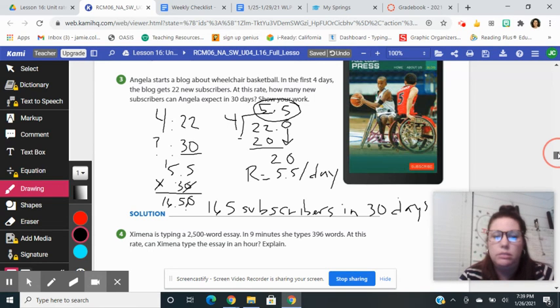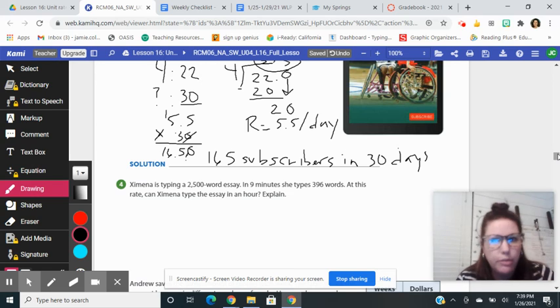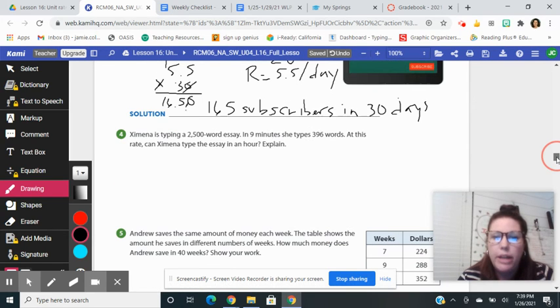Alrighty. Okay, so I'm not going to do number 4 and 5 so you can have some independent practice, but you guys have the answer key so you can check your answers to make sure you're on the right track. But I will kind of set you up for this a little bit. So Ximena is typing a 2,500 word essay. In 9 minutes, she types 396 words.